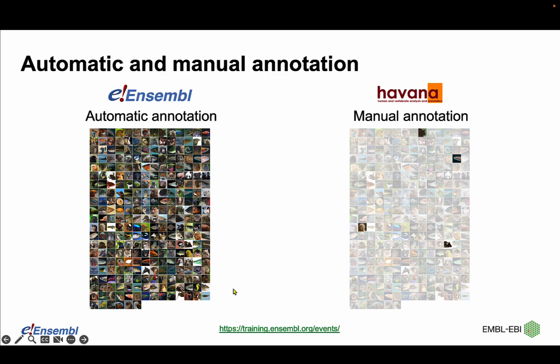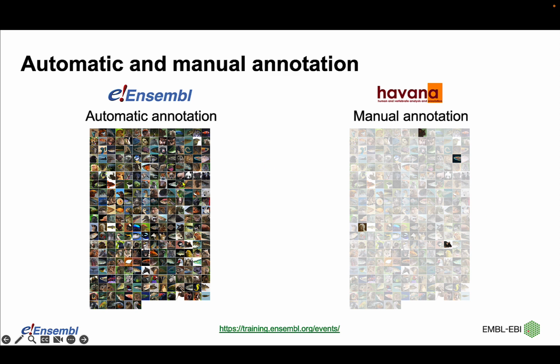So that means that we only add gene annotation when there is experimental evidence that the gene was transcribed. We have the Ensembl automatic annotation pipeline, which is applied to all vertebrate species. And we have the Havana manual annotation pipeline, which is done by a group of annotators. And this is only applied to human, mouse, and partially zebrafish and rat.